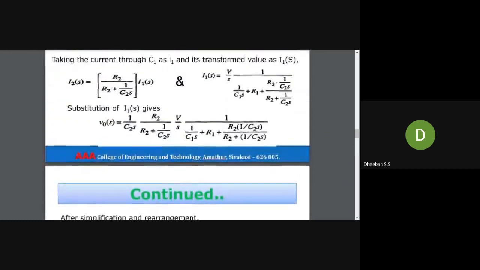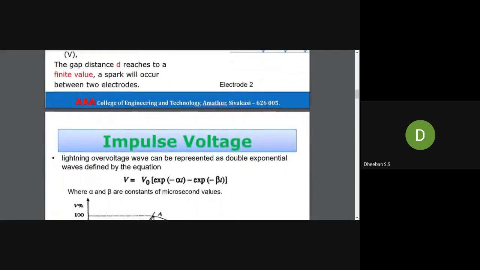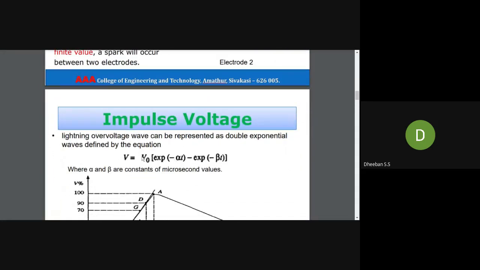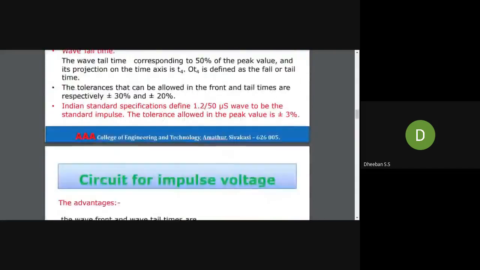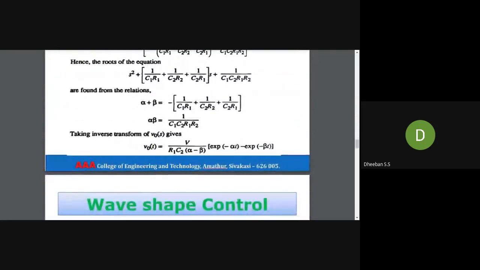This voltage equation is the similar voltage equation that we got for the impulse voltage, and the two will be nearly the same.